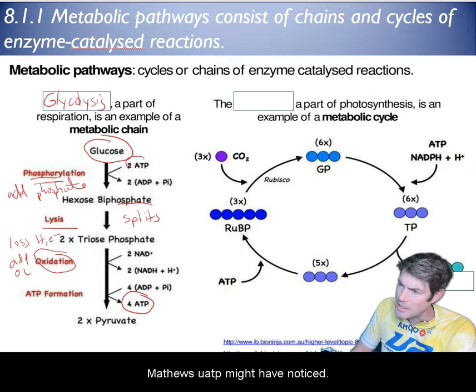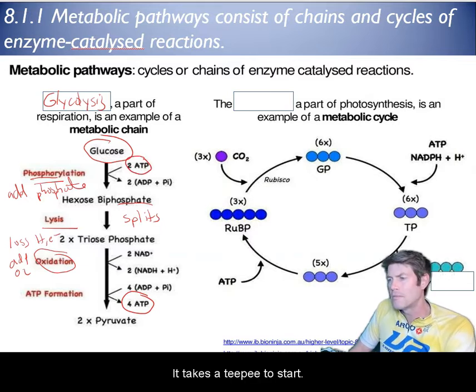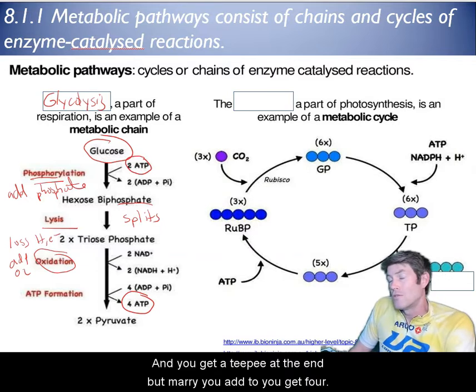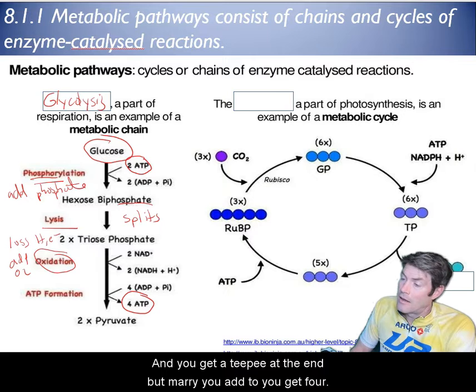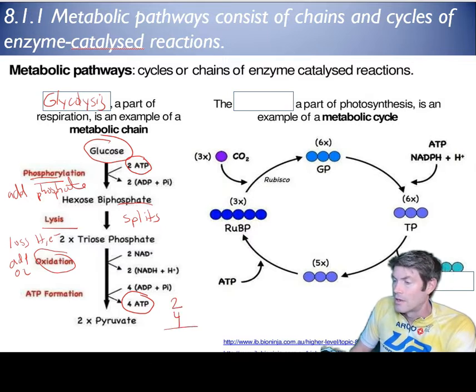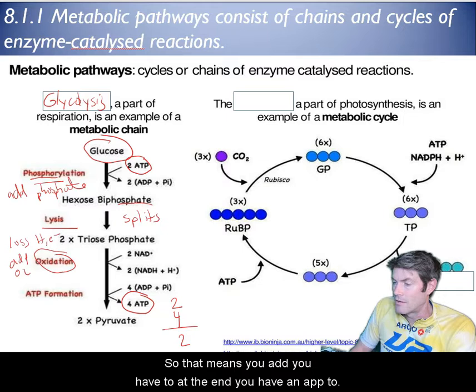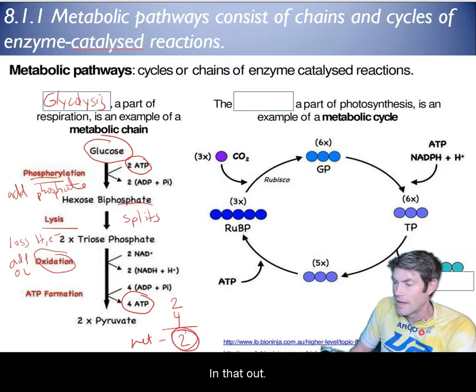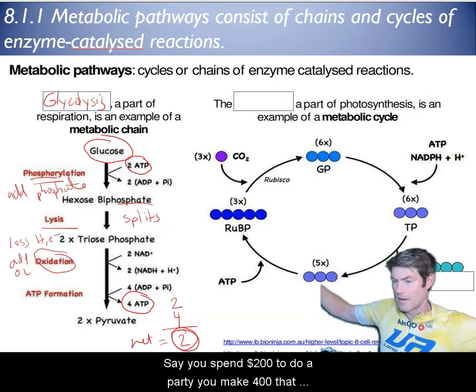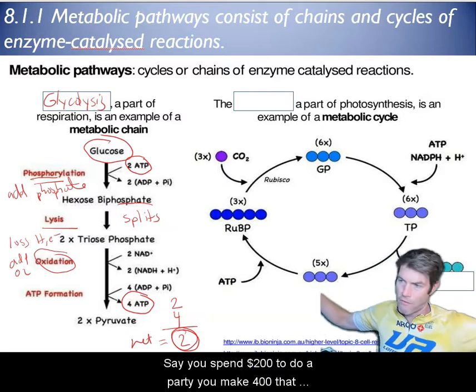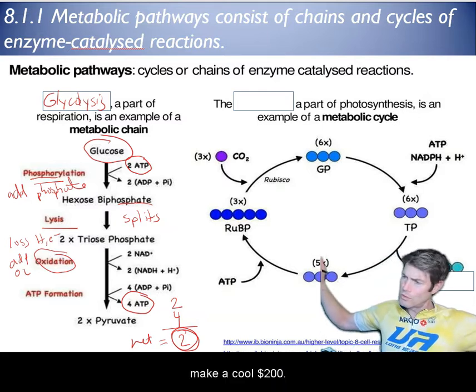And you might have noticed it takes ATP to start it, and you get ATP at the end. But remember, you add 2, you get 4. So that means you have 2 at the end. You have a net 2. Say you spend $200 to do a party, you make $400. Ooh, that makes a cool $200.